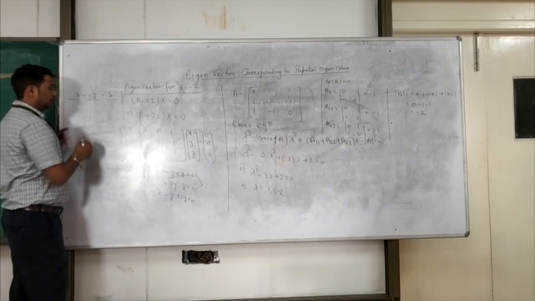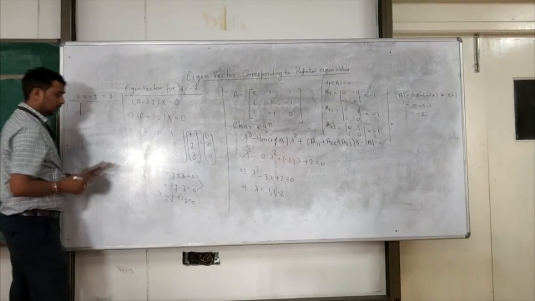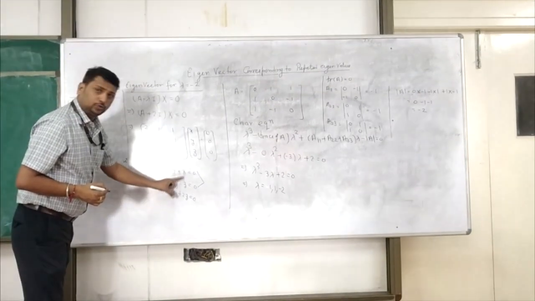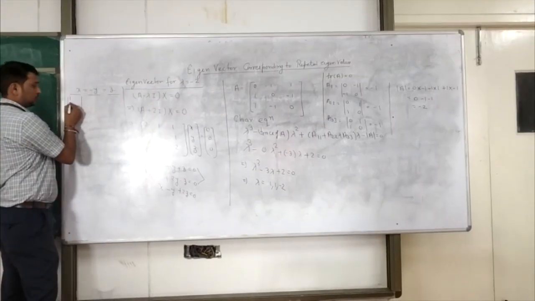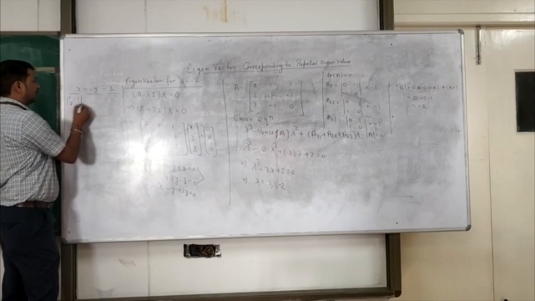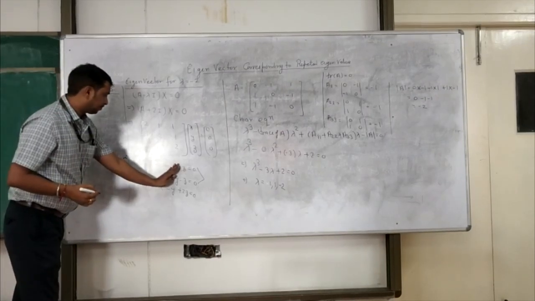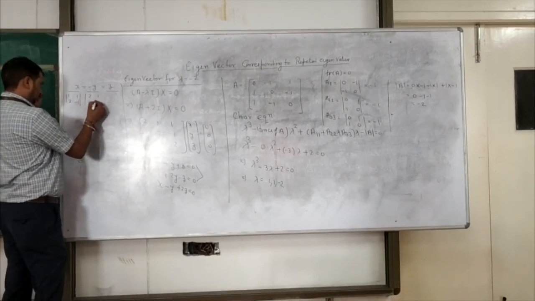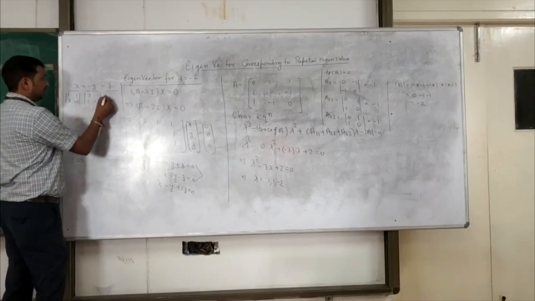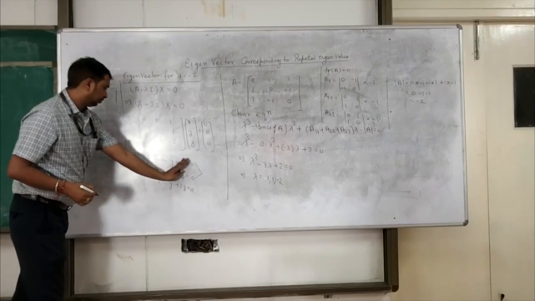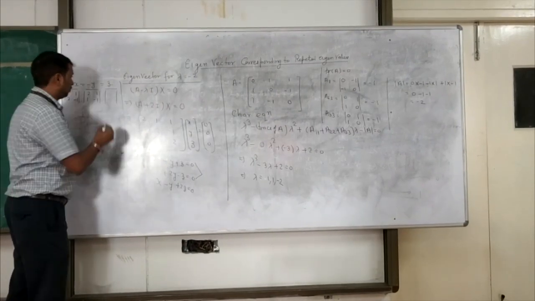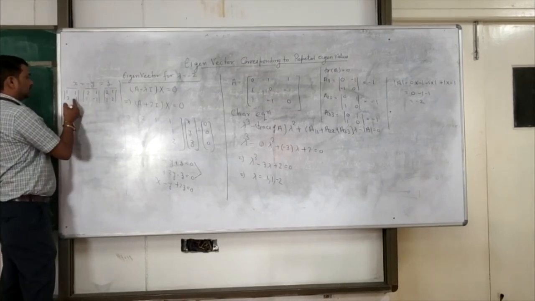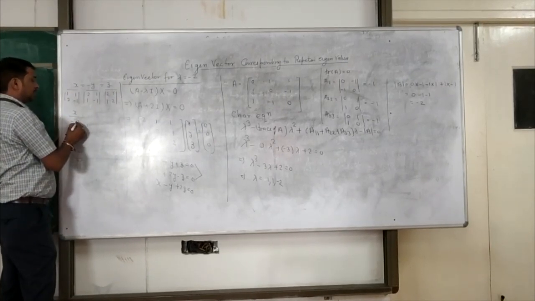What is the x value? Close this column. What is the cofactor? 1, 2, 1, minus 1. What is y? 2, 1, 1, minus 1. What is the z value? 2, 1, minus 1 minus 2 means minus 3.